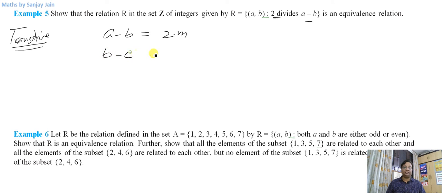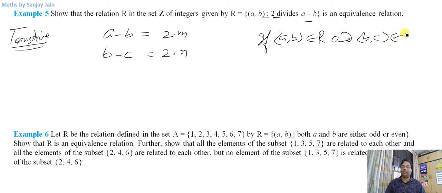And b minus c is also divisible by 2, so let it be equal to 2n. So (a, b) belongs to R and (b, c) belongs to R. I have selected integers a and b such that their difference is divisible by 2, and b and c such that their difference is also divisible by 2.